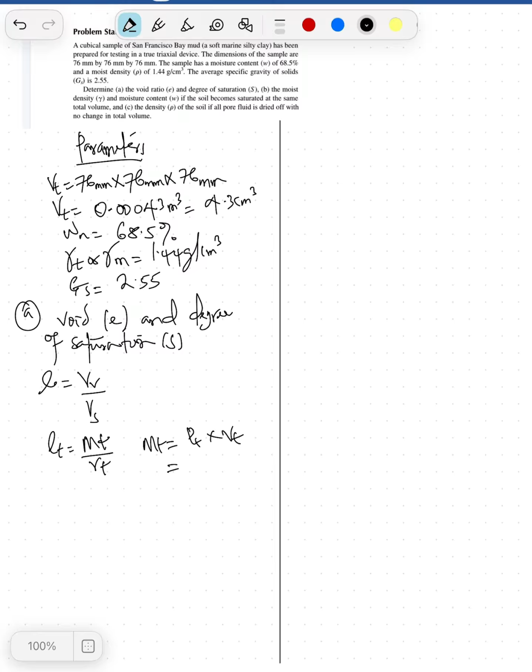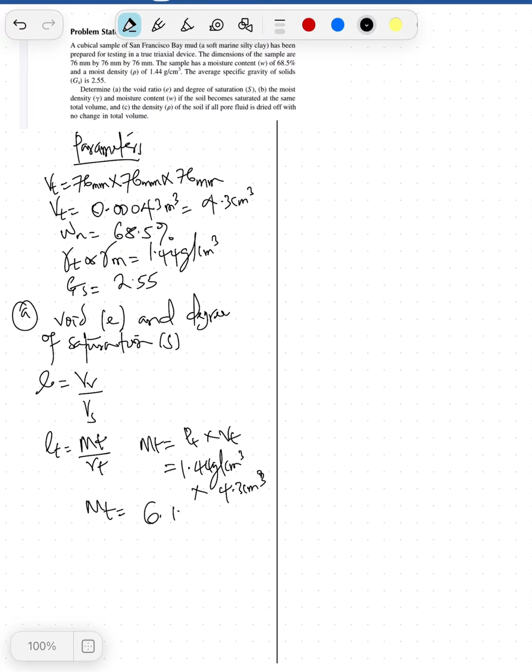With it, we're able to know that our total mass is 6.192 grams.